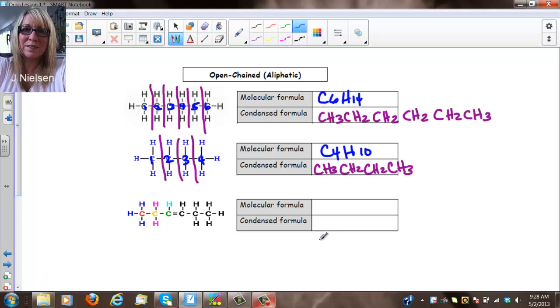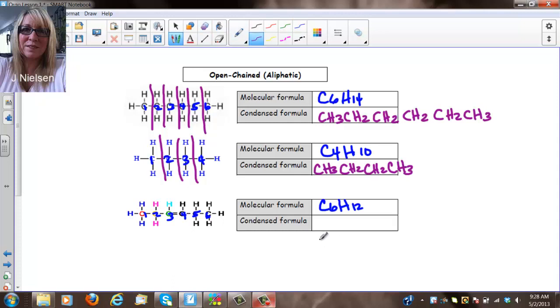And in the last one, we have 1, 2, 3, 4, 5, 6. So we have C6. Now we have H. I'm just going to count 1, 2, 3, 4, 5, 6, 7, 8, 9, 10, 11, 12. C6, H12.